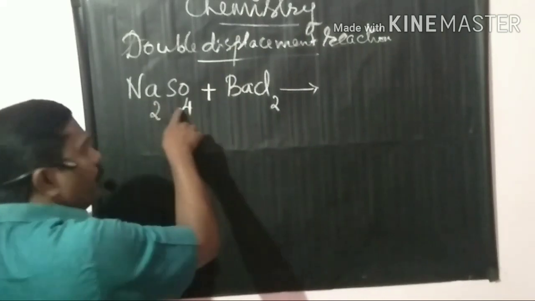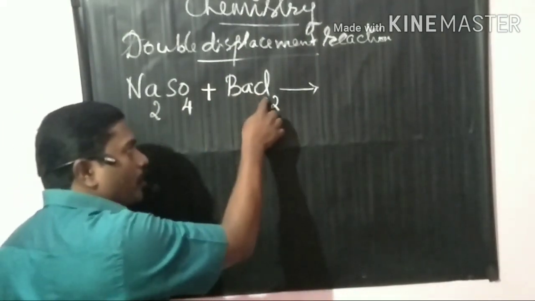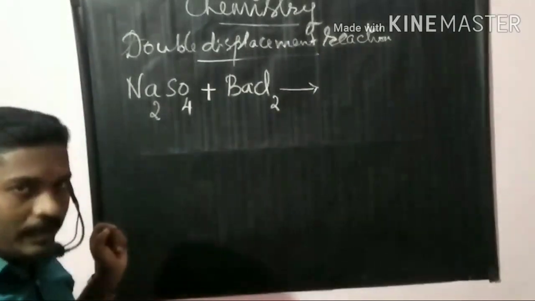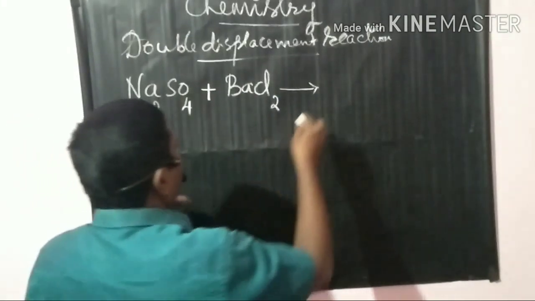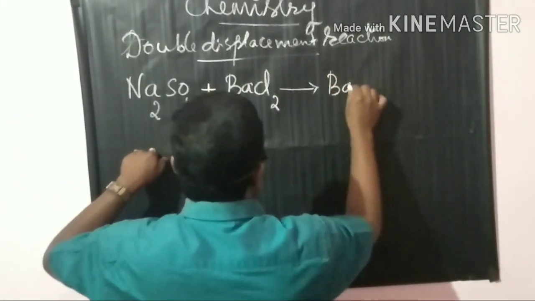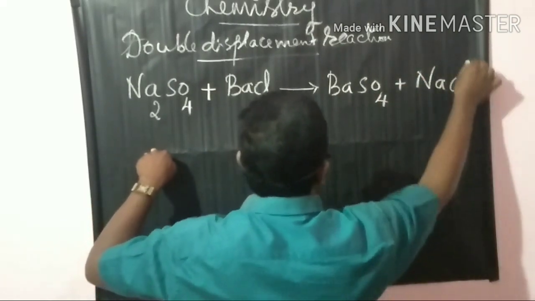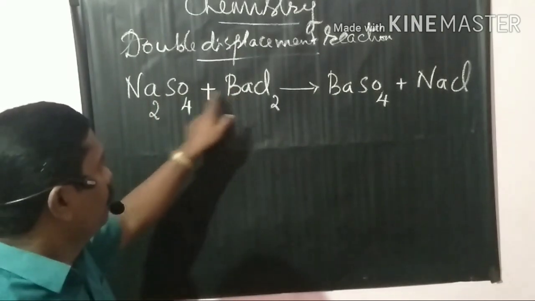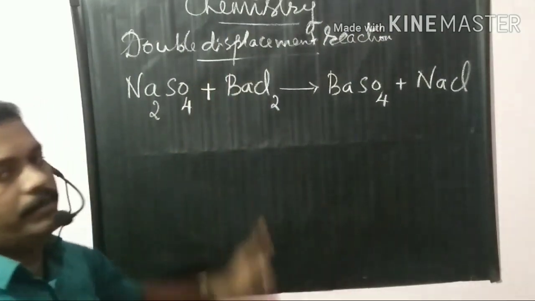When sodium sulfate is mixed with barium chloride solution, they react together to form the products barium sulfate and sodium chloride.